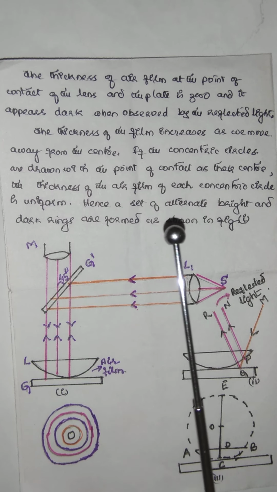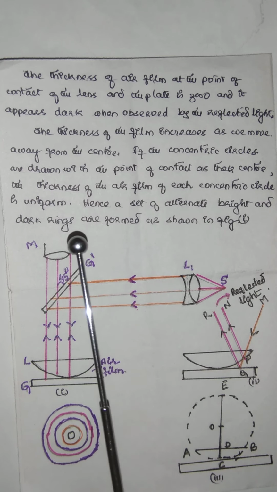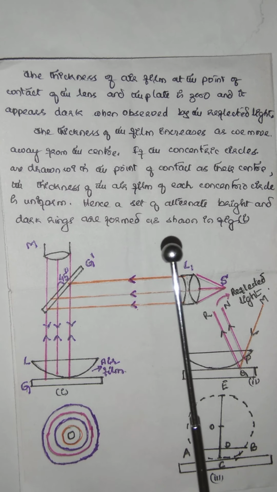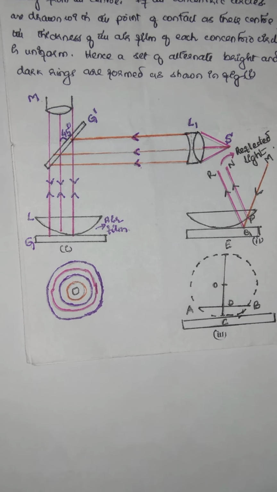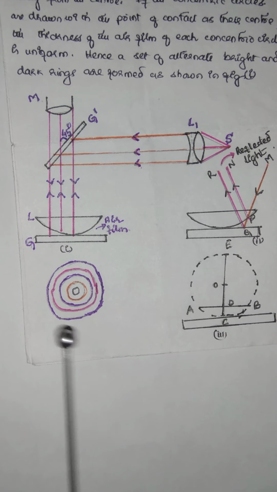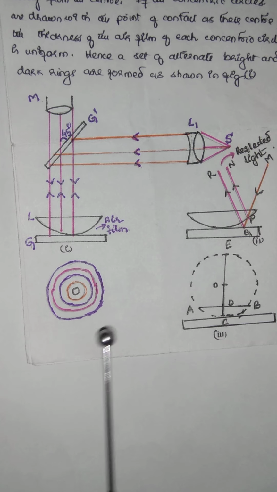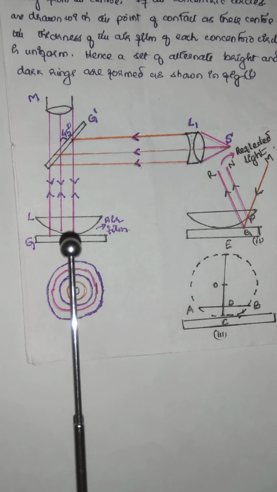Hence, a set of alternate bright and dark rings is formed, as shown in the figure. So you are observing the concentric circles or rings which are formed within the vicinity of this plano-convex lens.